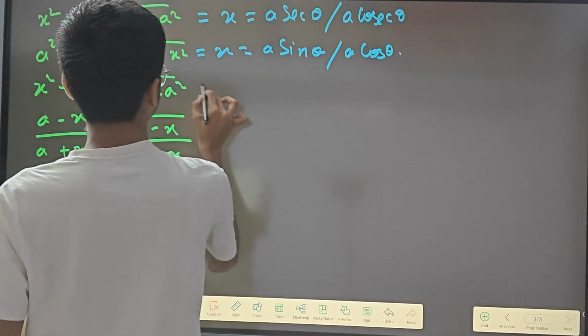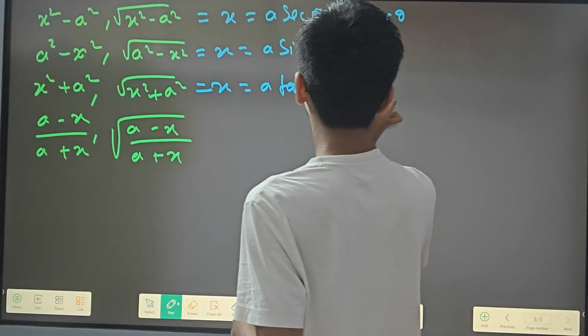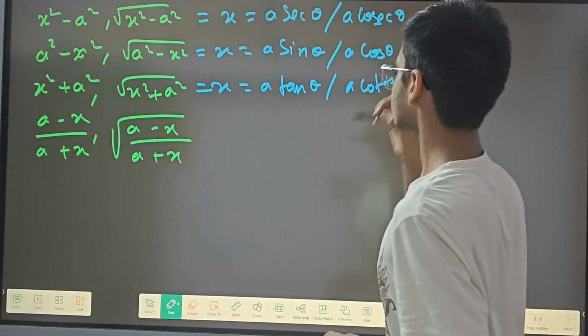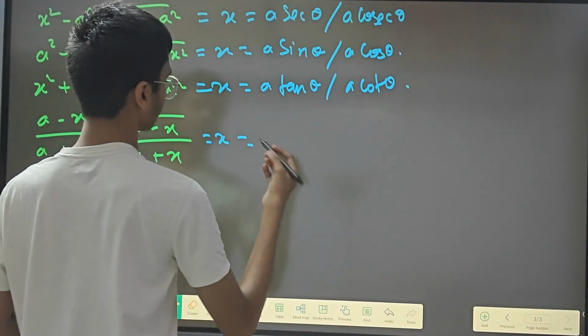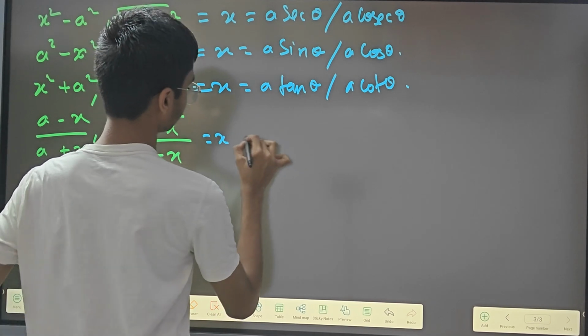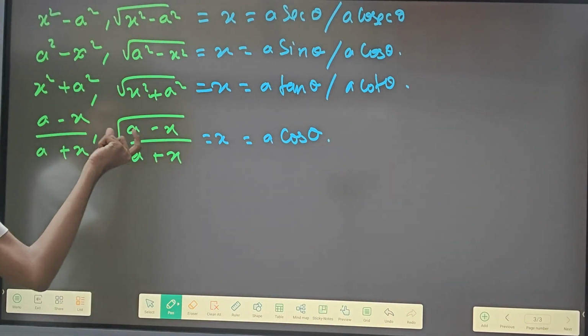Then here you can write a tan theta or a cot theta. Then here only one thing, that is going to be a cos theta.